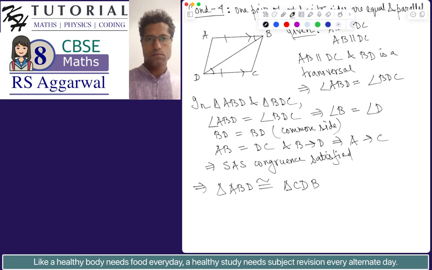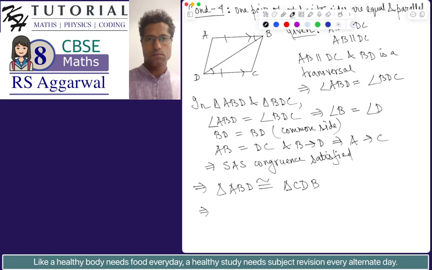Now, from here we have to find other corresponding equal angles to establish the fact that AD is parallel to BC. It is already given AB is parallel to DC. We just need to prove that AD is parallel to BC.